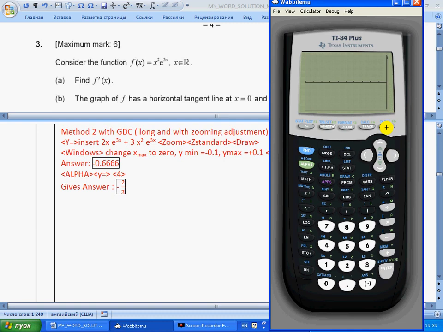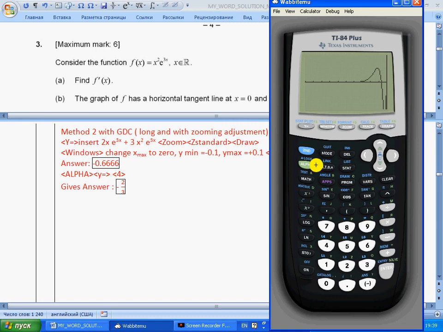It still takes time. What we see is that the solution is between 0 and -1.